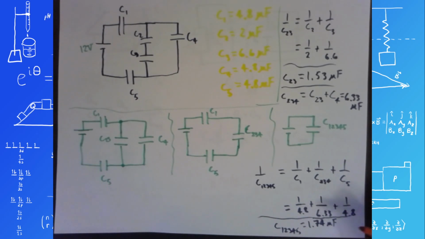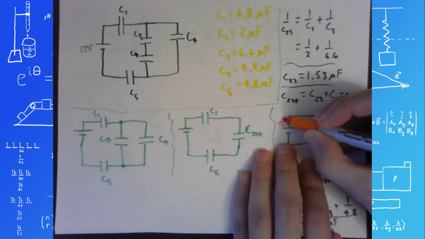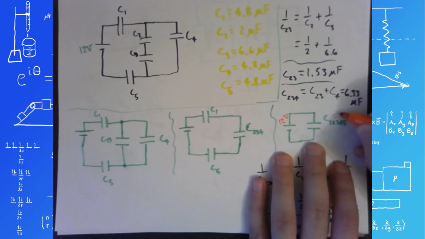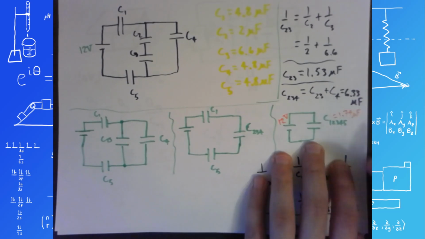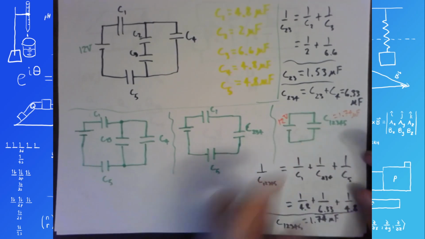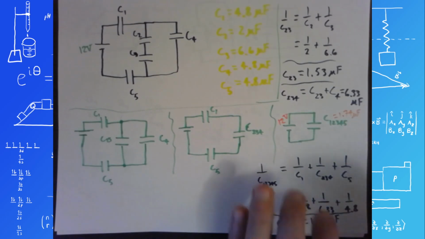Since I know the total voltage is 12 volts, and I know the total capacitance is 1.74 microfarads, I can just use C equals Q over V, solve for Q. So Q would be C times V, 1.74 times 12. 1.74 times 12 is 20.88.